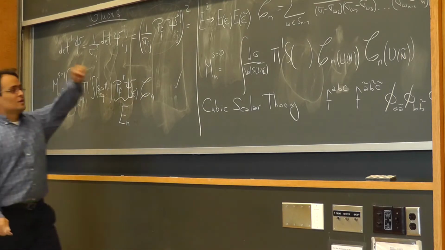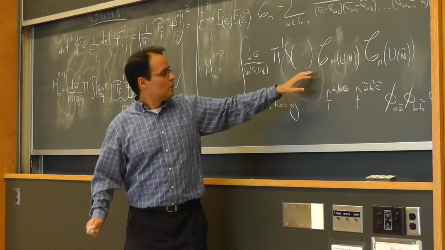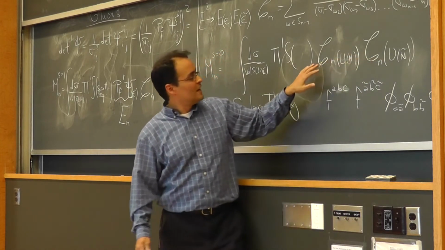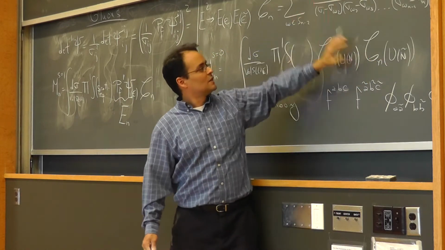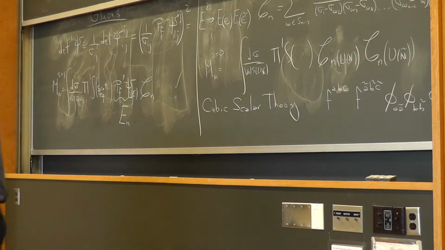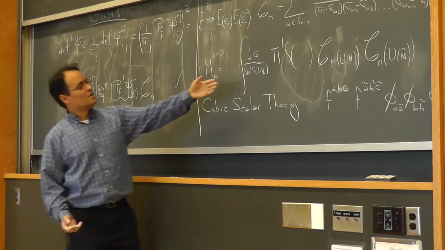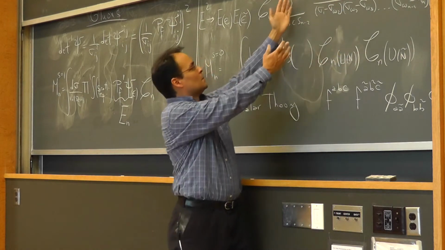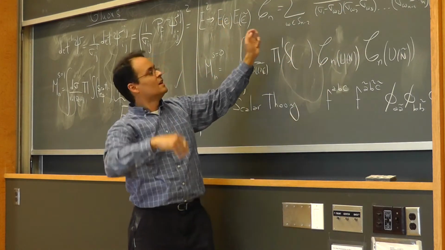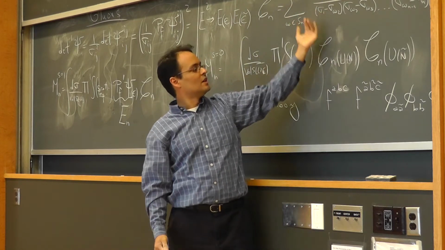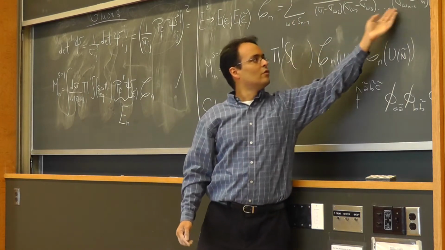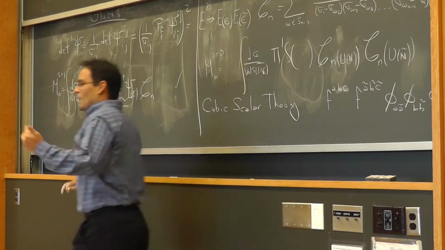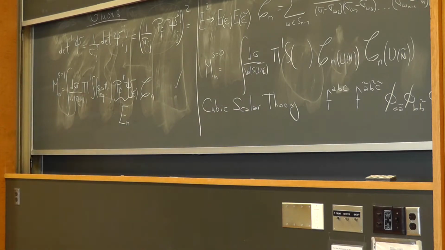Okay? Not only that, now following your observation, you could take these objects here and separate them by color structure, classify them by color structure. Okay? So you can now classify these objects, expand these sums that appear here completely and just pick a given color structure. So you get two factors of this thing. And when you put them together and you start playing with them, you find something remarkable.